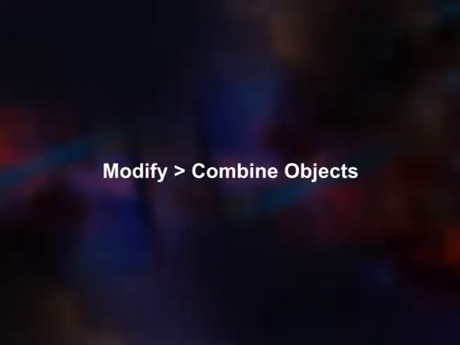Combining objects. To create new shapes by combining or altering existing objects, use the Combine Objects command in the Modify menu, Modify, Combine Objects. In some cases, the stacking order of selected objects determines how the operation works. The Combine Objects commands are Union.